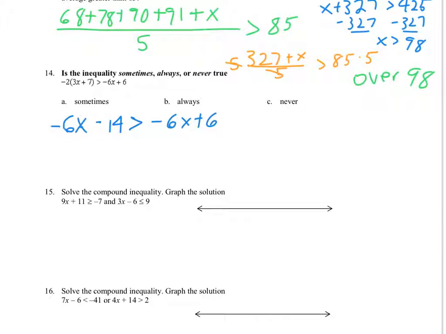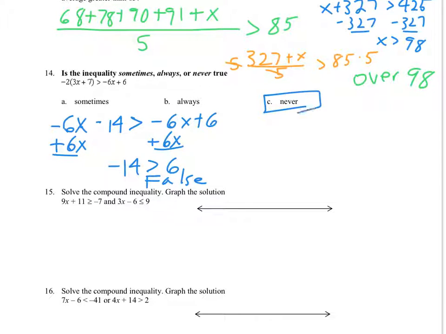We know something is up because the negative 6x's match. The key here is whether the statement is true or false. The statement is negative 14 is greater than 6, which is false. This false statement at the end means it will never be true. No matter what value you plug in for x, that inequality will never be true.